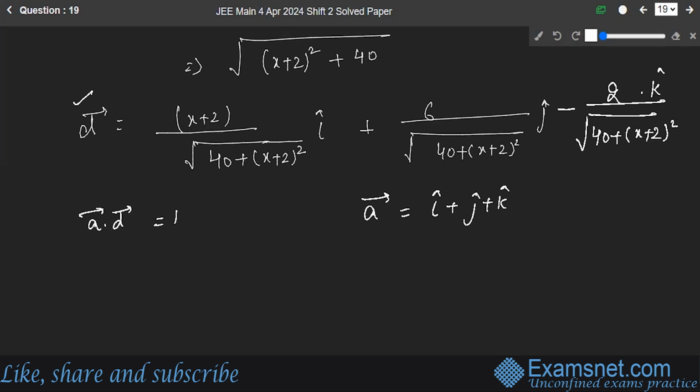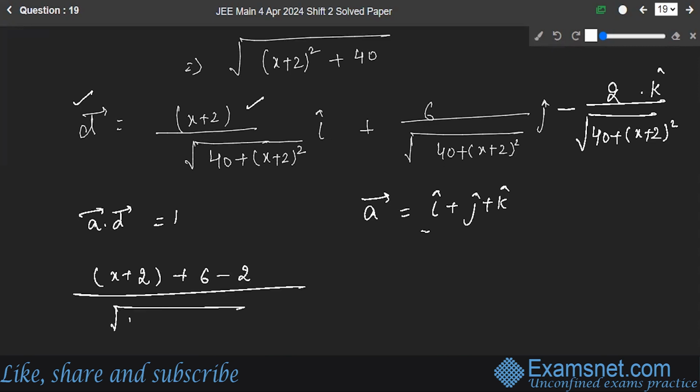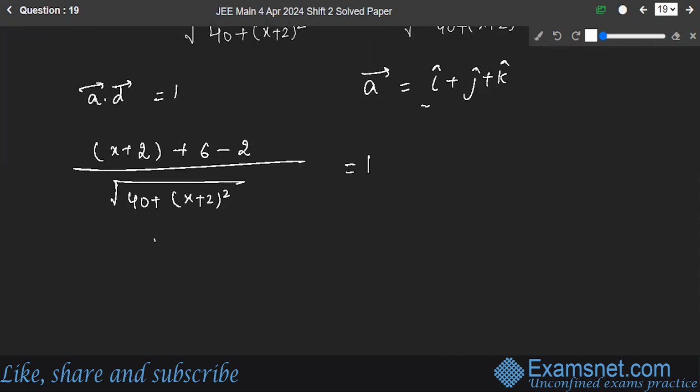So the dot product is equal to 1. This means (x plus 2 plus 6 minus 2) divided by this is equal to 1, right? So you have x plus 6 equal to root of this. Further, let's solve for x, squaring both sides.